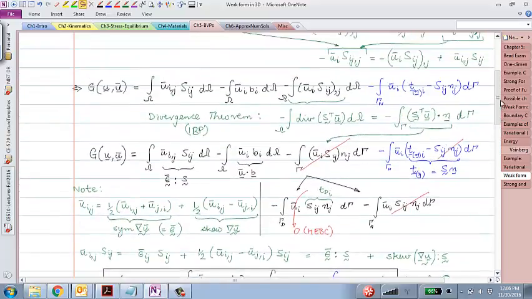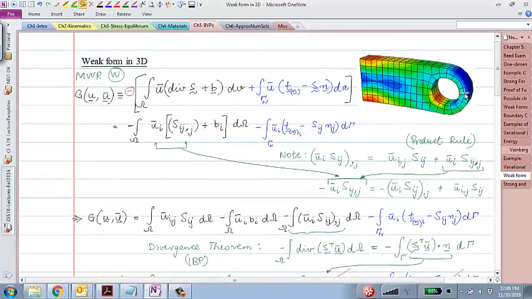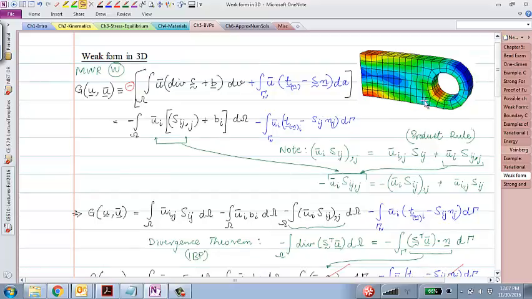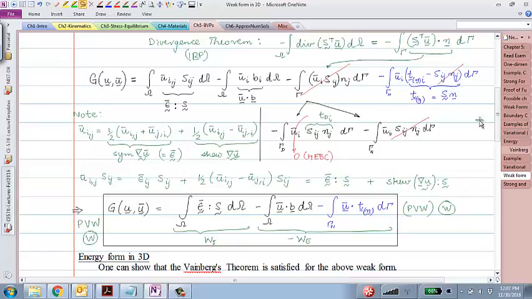What does this mean essentially? If I have a structure like this, boundary, if you remember, left boundary was fixed, there was some loading on this part of the boundary, then we calculate the energy, not the energy, but the internal virtual work stored in the deformed body, and that's this term.